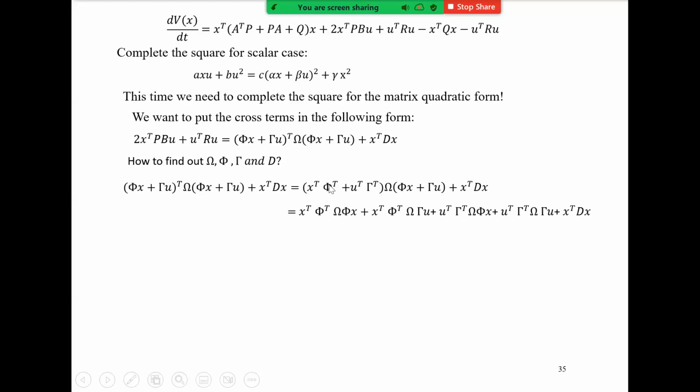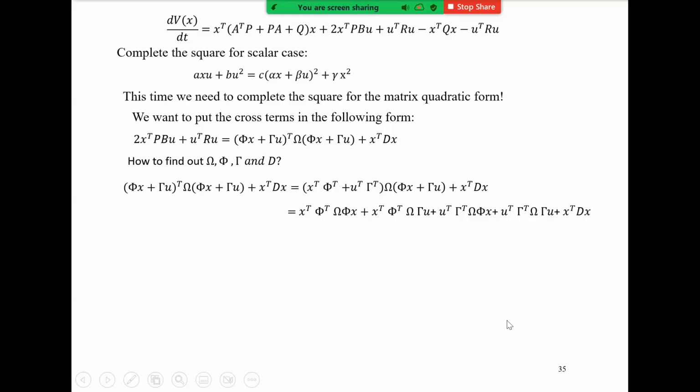We get x transpose phi transpose omega phi x, and then x transpose phi transpose omega gamma u, and then u transpose gamma transpose omega phi x, and then u transpose gamma transpose omega gamma times u. Those are the four terms that come from this one, and then we keep the final term.